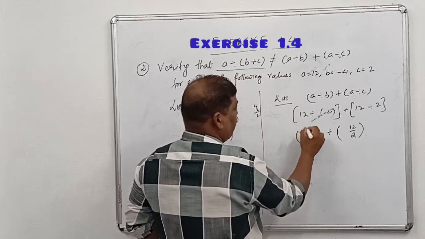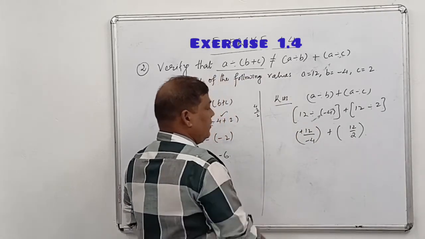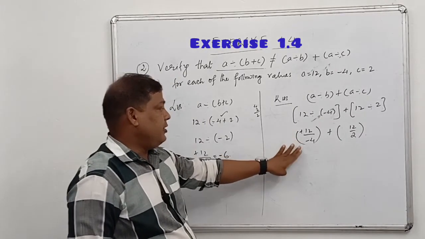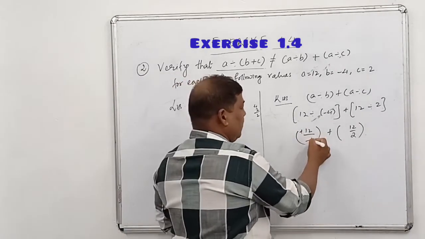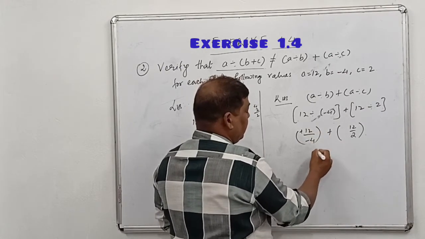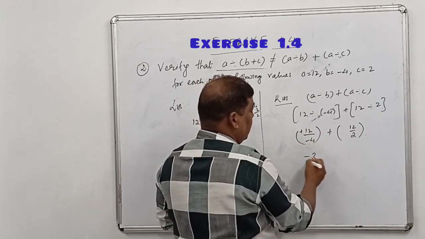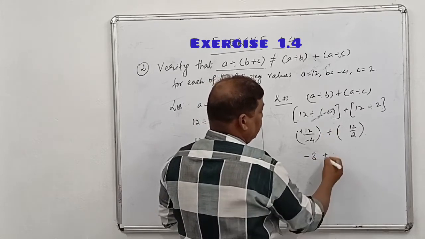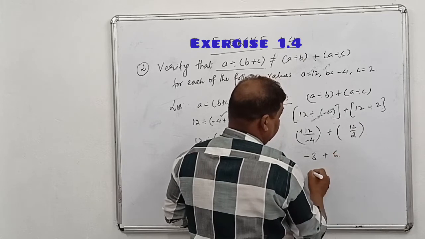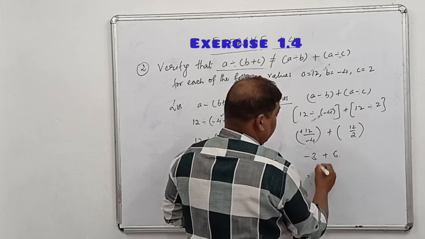Here is a positive integer and a negative integer. When you divide a positive integer by a negative integer, we divide them as whole numbers first. So 4 3s are 12. Then you put a negative sign before that whole number. And 12 upon 2, 2 6s are 12.